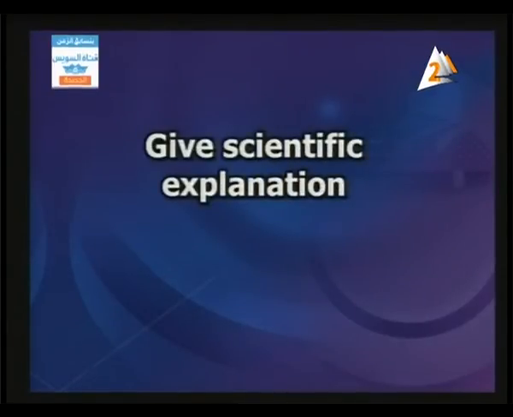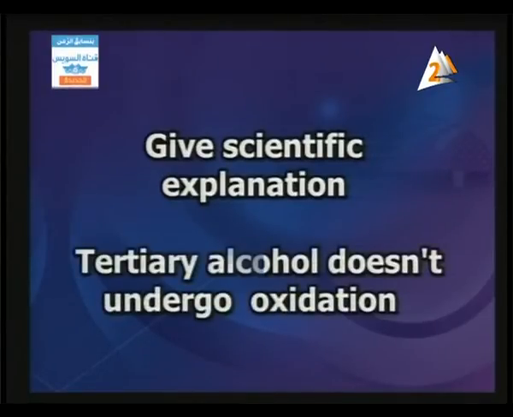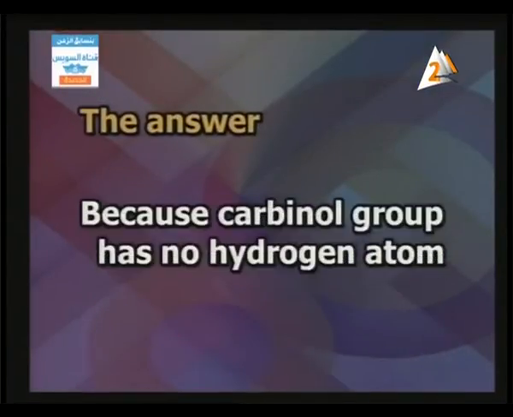The second one, tell me: give scientific explanation. Here it means you must take care and explain each part. The question says a tertiary alcohol doesn't undergo oxidation. Can I explain that? Sure. The answer is because the carbinol carbon has no hydrogen atom.